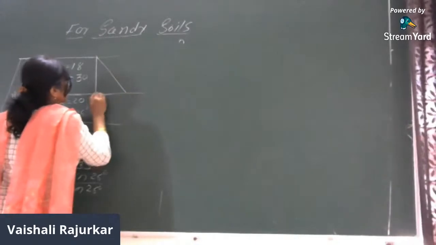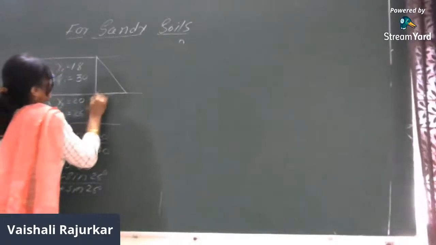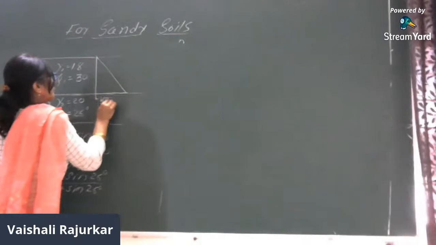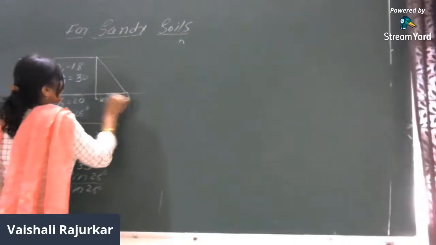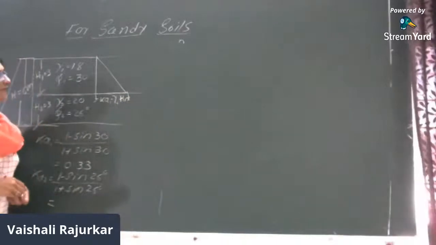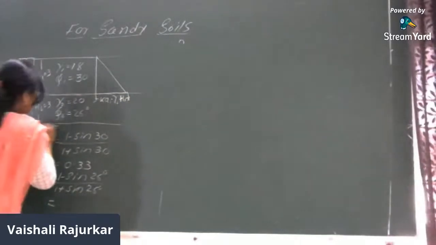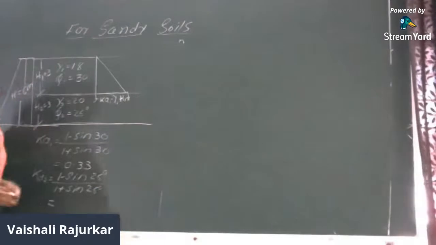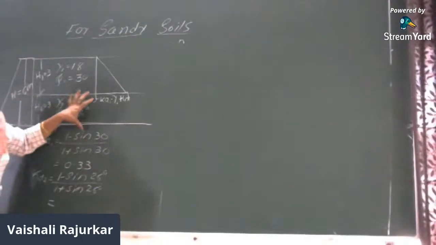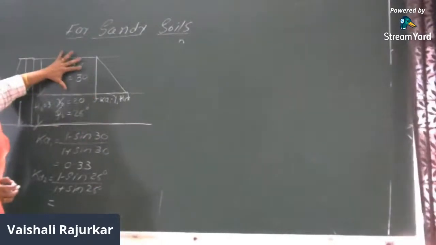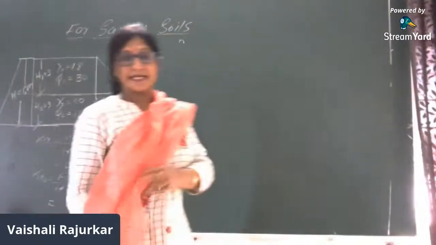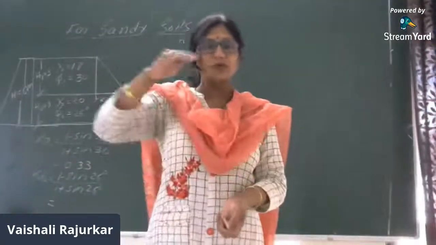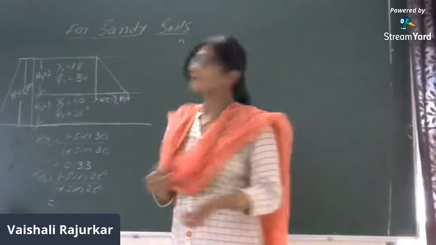And what is the bottom ordinate? It will be Ka1 into gamma 1 into H1. So here this is the pressure distribution diagram for the first layer. Now the second layer we will consider as a separate layer, and the soil above it is converted into an equivalent surcharge load, which will act over the interface of the first and second layer.